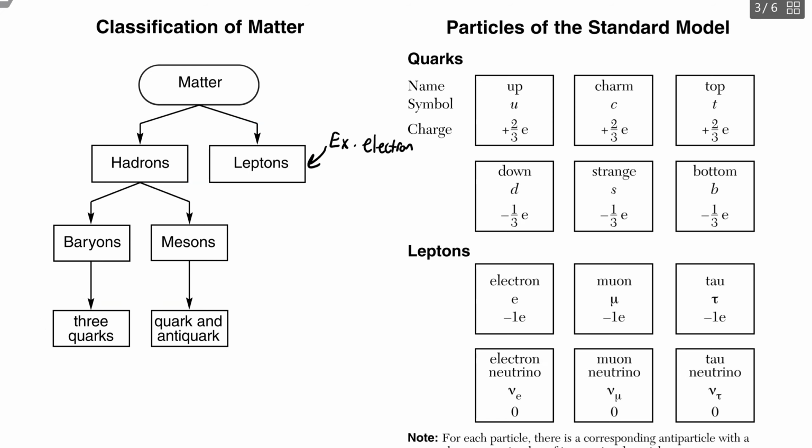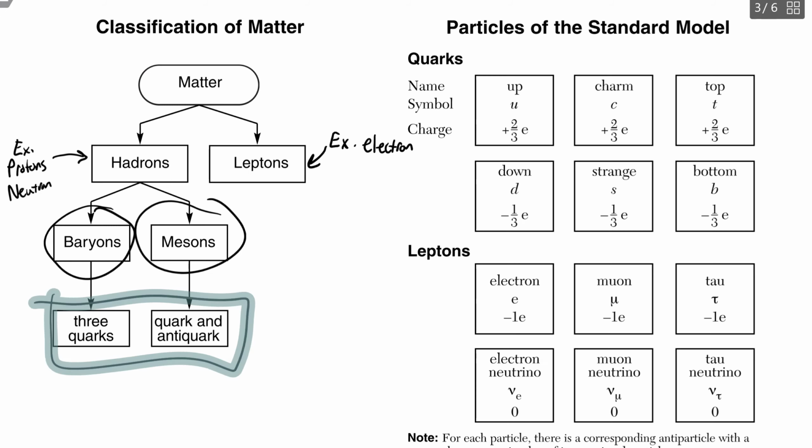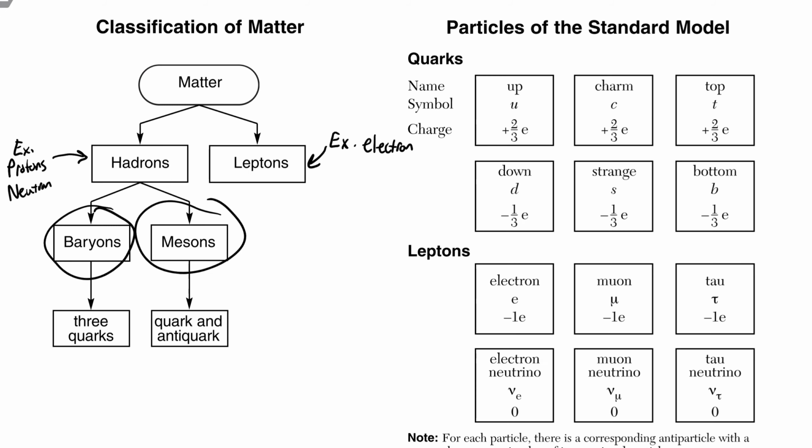But hadrons, for example, protons and neutrons, those are types of hadrons, right? They can be broken into quarks. And then it breaks down even further. You could have 2 different types of hadrons, and it depends on the quark composition. That tells you if it's a baryon or a meson.